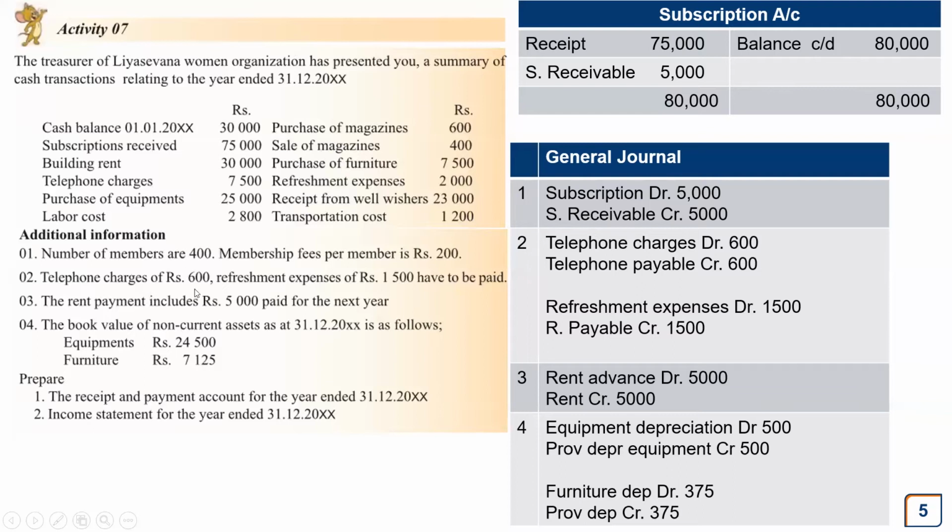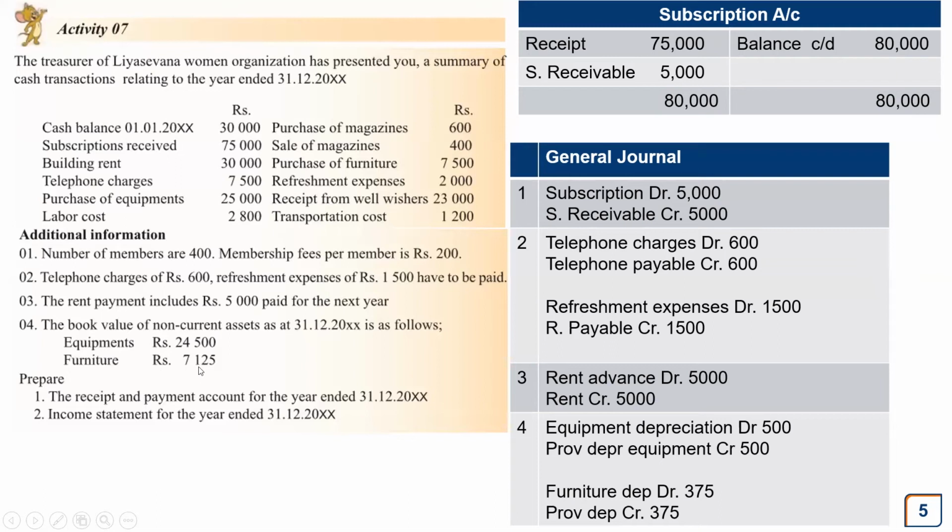And finally, without saying that depreciation has happened, they say that the book value of non-current assets will be 24,500 for equipment. See, equipment is 25,000. That means 500 has been taken away as depreciation.